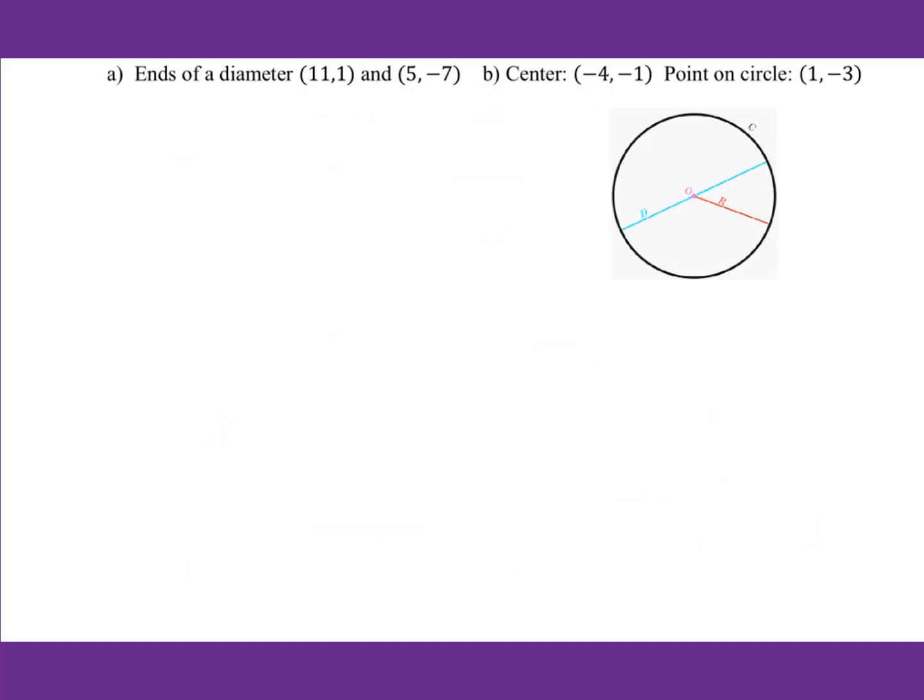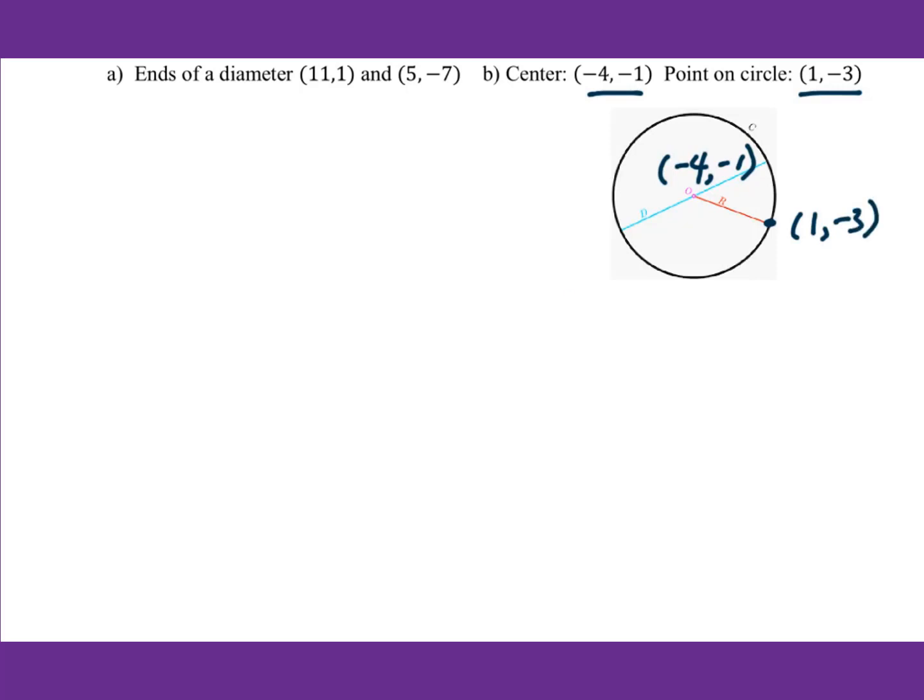For B, the center is (-4, -1). The point on the circle is (1, -3). Suppose this is the center, (-4, -1), and this is the point on the circle, (1, -3).